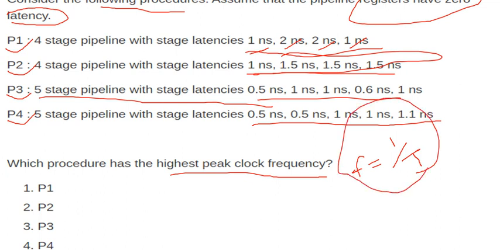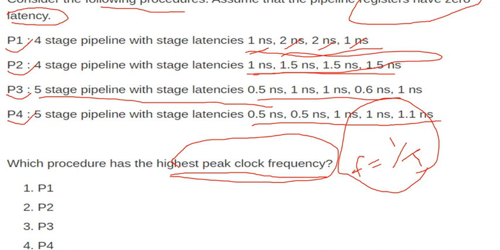They have asked in which of these four procedures we will get the highest peak clock frequency. So I think it is easy if we find the clock time in each procedure.